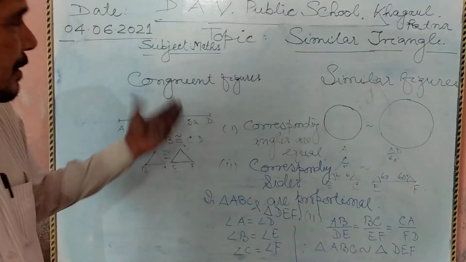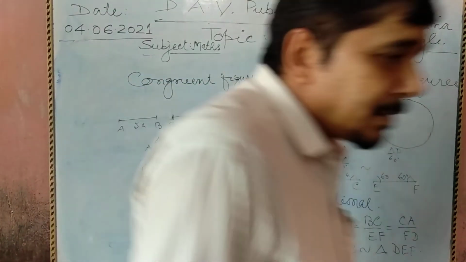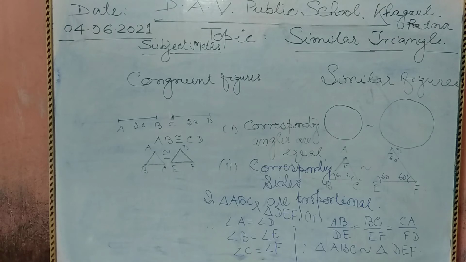Okay, like what are the criteria for being two congruent triangles? You know, there are four congruency relations for being congruent triangles. Here there are three similarity criteria for being similar triangles.